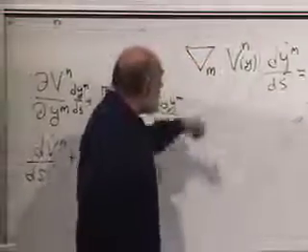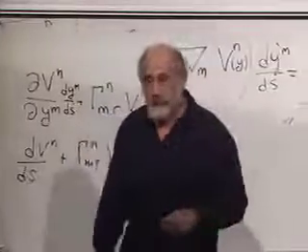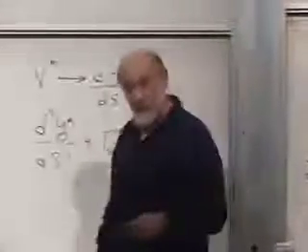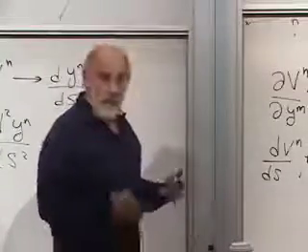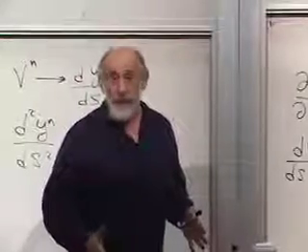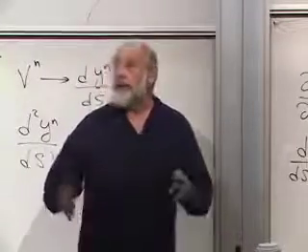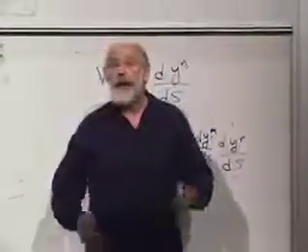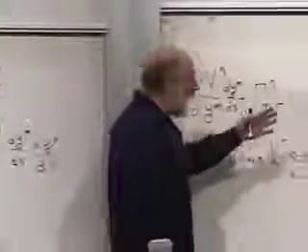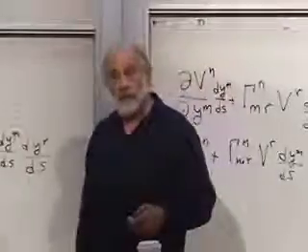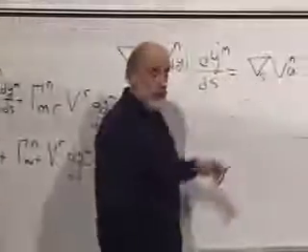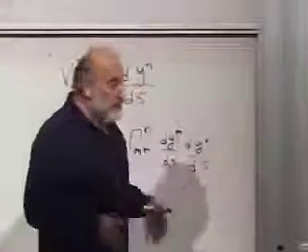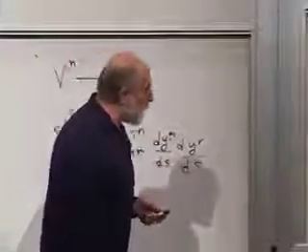How do I test whether my tangent vector, whether the curve is a straight line? Well, I compute the covariant derivative of the tangent vector, and if it's 0 all along the curve, then that curve is a straight line. It's just telling me that the tangent vector is unchanging as I go along the line. You could do this with funny coordinates, even if those coordinates aren't flat coordinates.